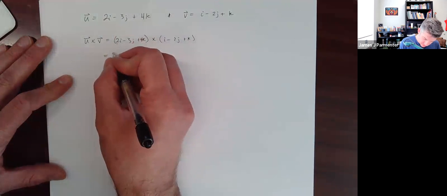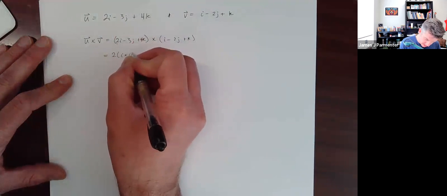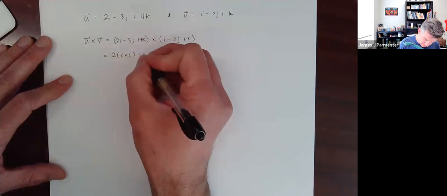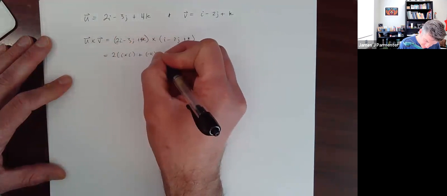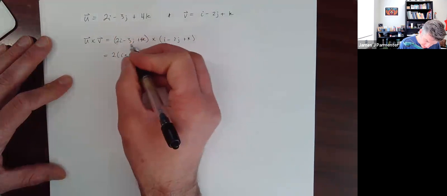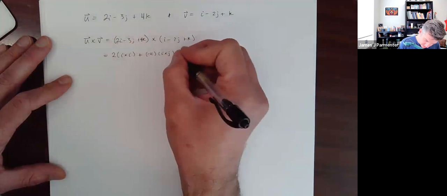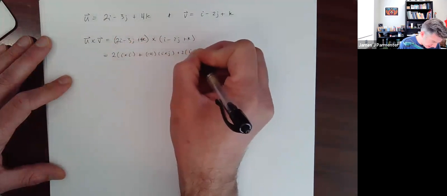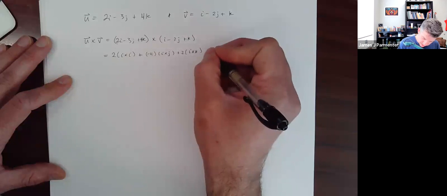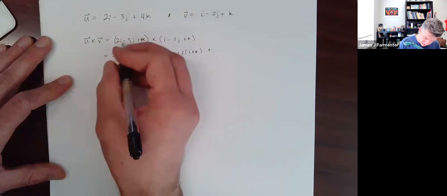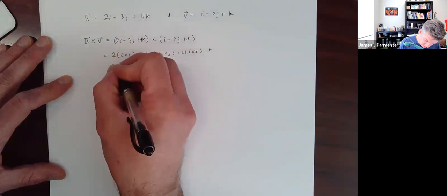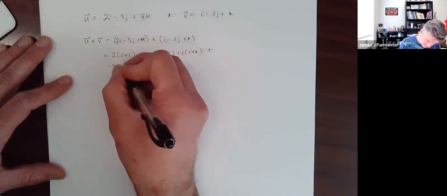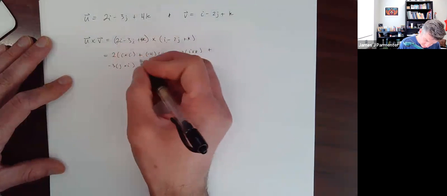So I'm going to get 2i cross i plus 2 times negative 2 is negative 4i cross j plus, let's see, 2 times 1 is 2i cross k plus, let's go down to another row. So let's see, then I'm going to do negative 3 times 1. So negative 3j cross i. Oh boy.